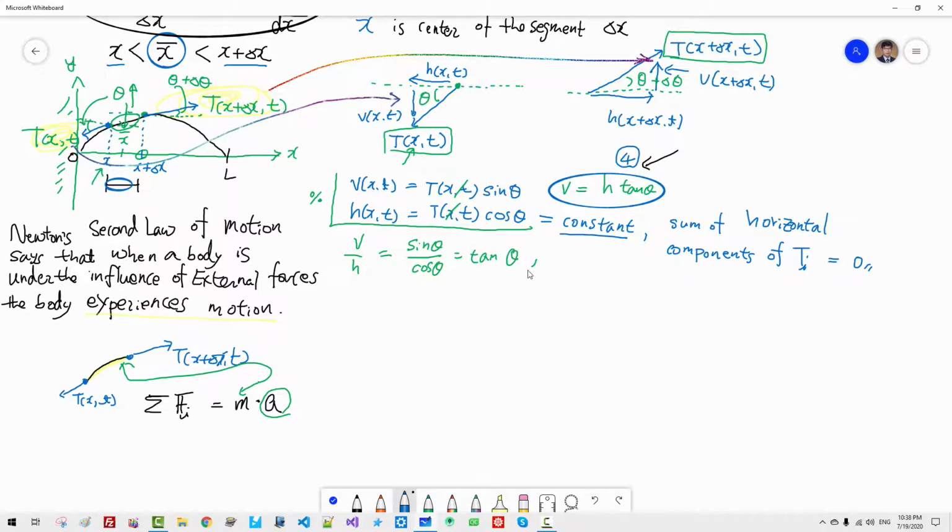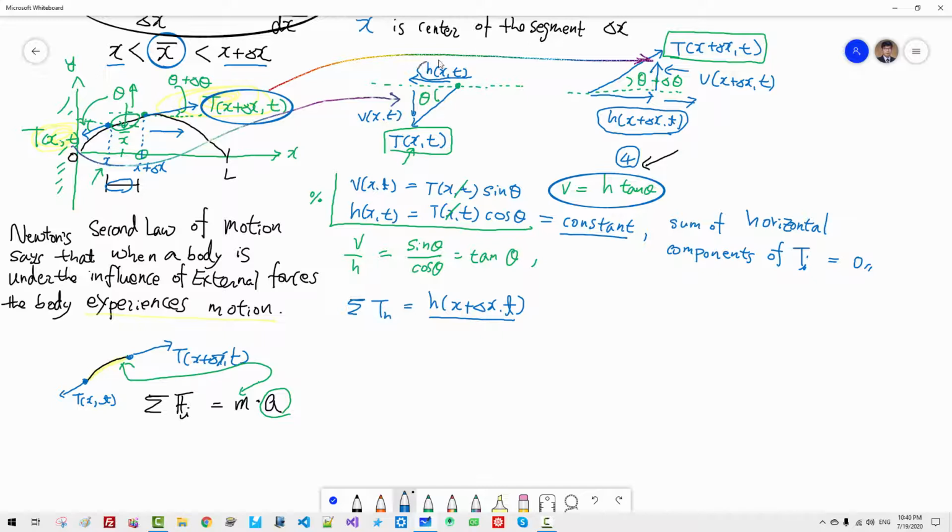For example, the sum of T horizontal components equals, this is the increasing x direction, so H(x plus delta x, t), this term is positive. This horizontal component directs to the increasing x direction.